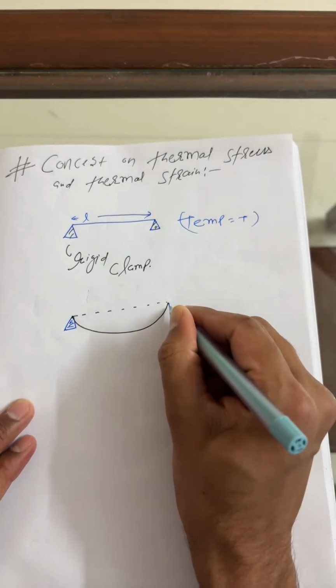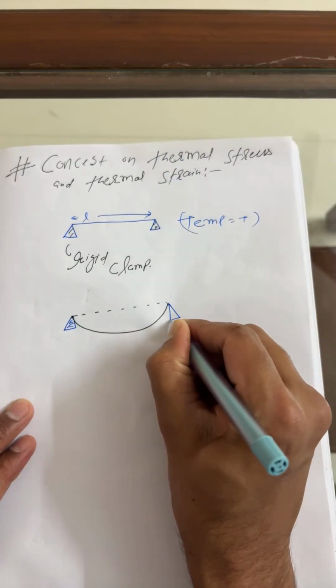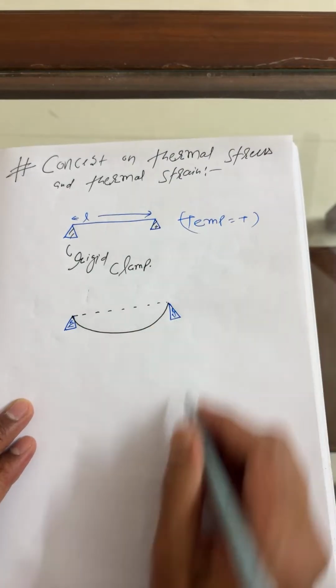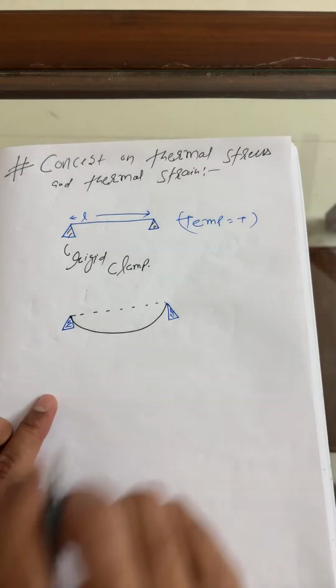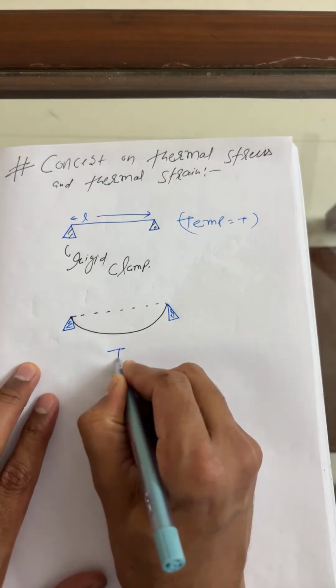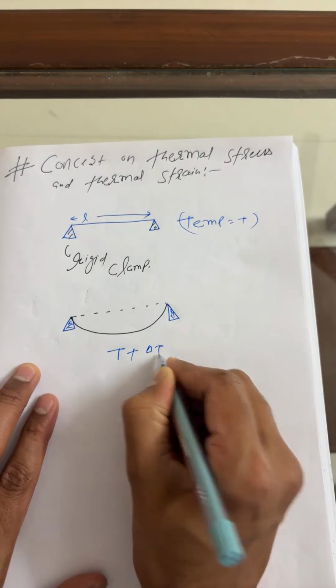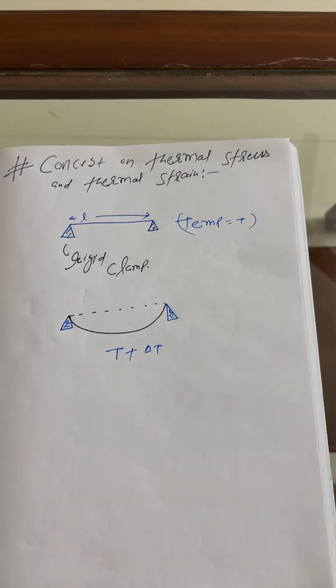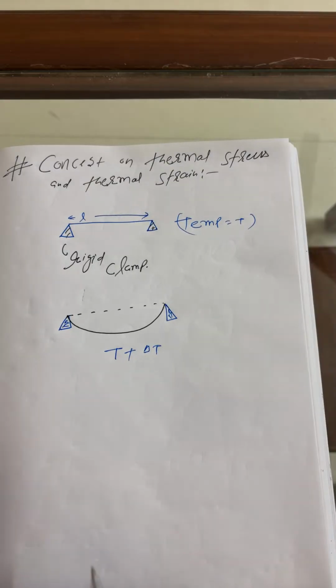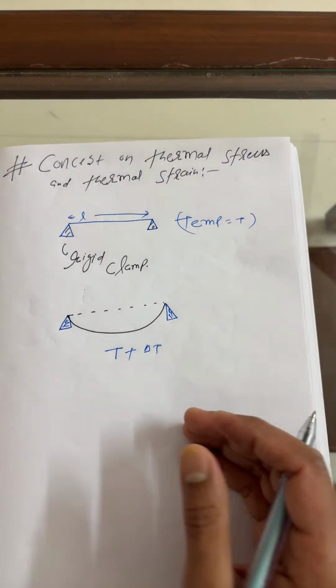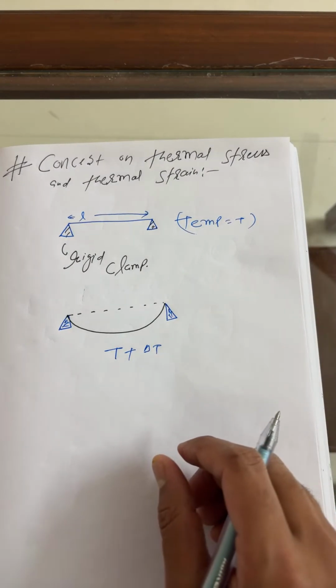So for this condition, what can you say? The temperature is T plus delta T, or dT. There is a little increase in temperature. So we can also say there is some change in length as well.